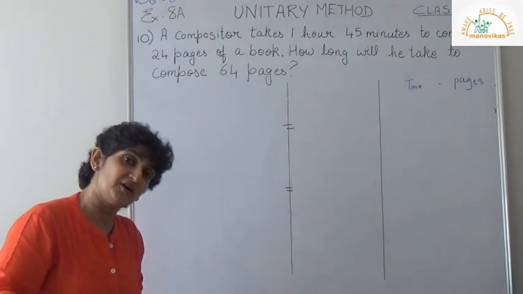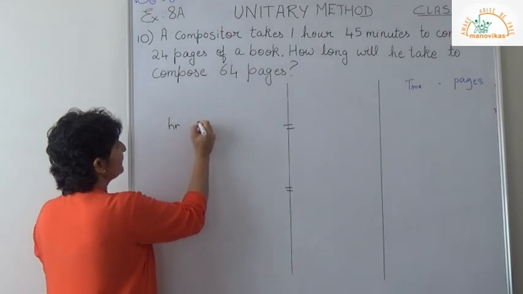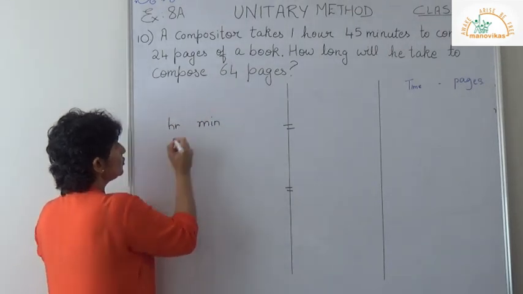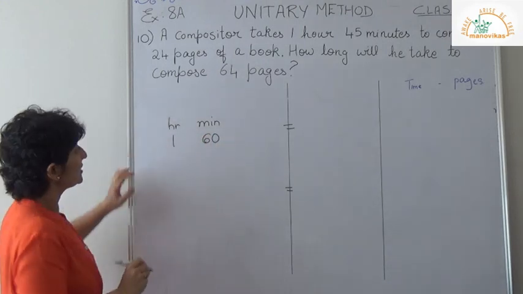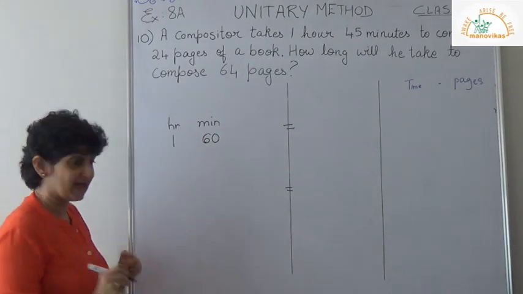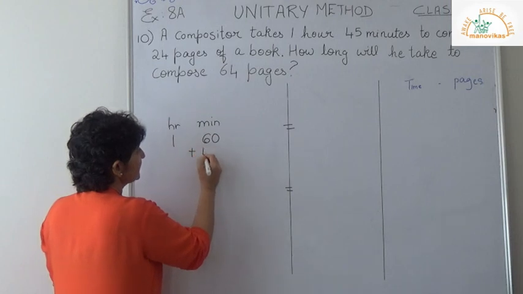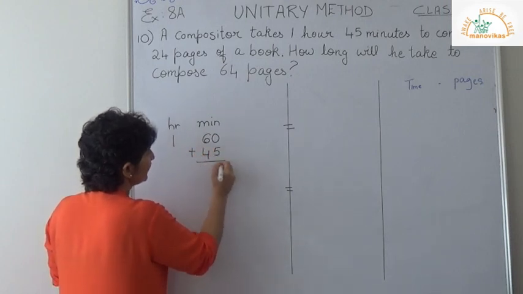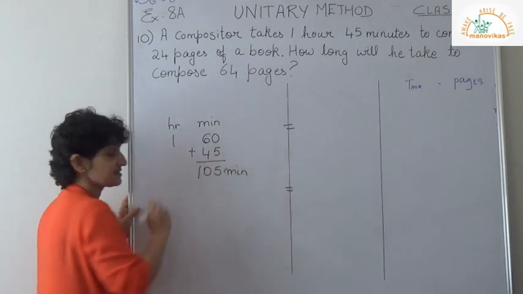So first let's convert everything into minutes. You know 1 hour is 60 minutes, correct? So you have 45 minutes along with that. When you bring both together, I get 60 plus 45, that gives me 105 minutes.